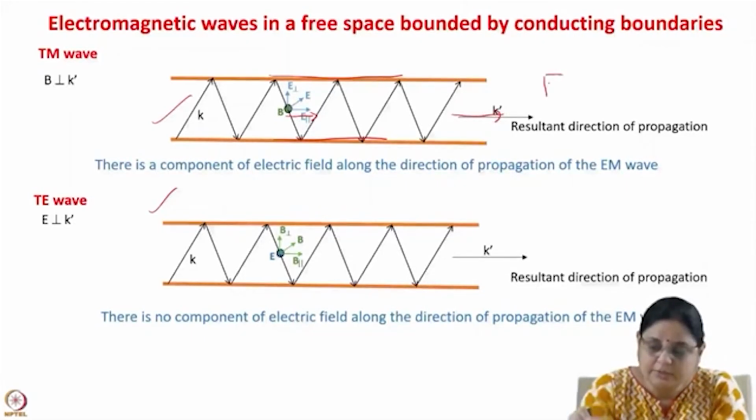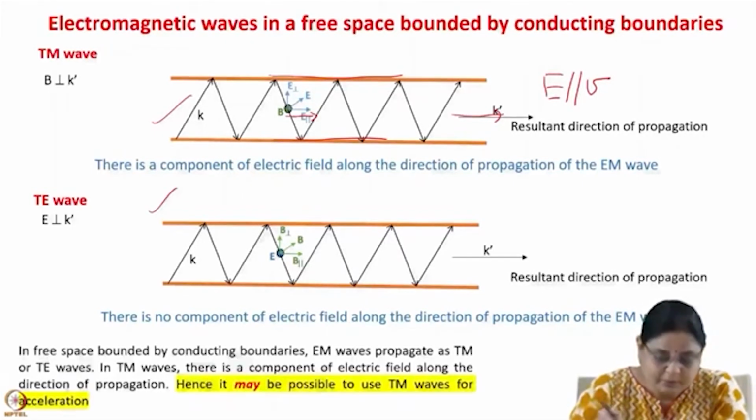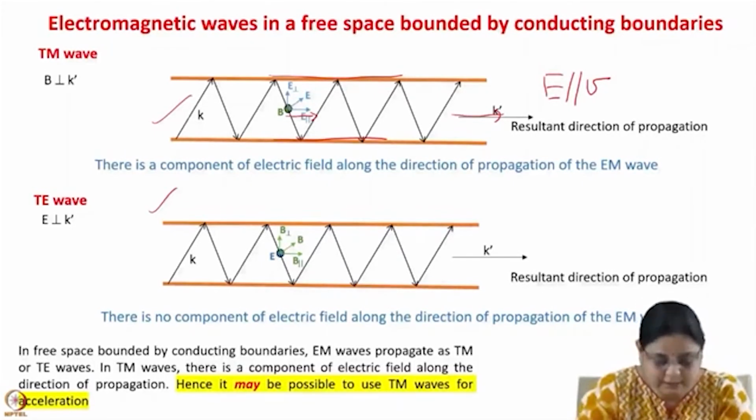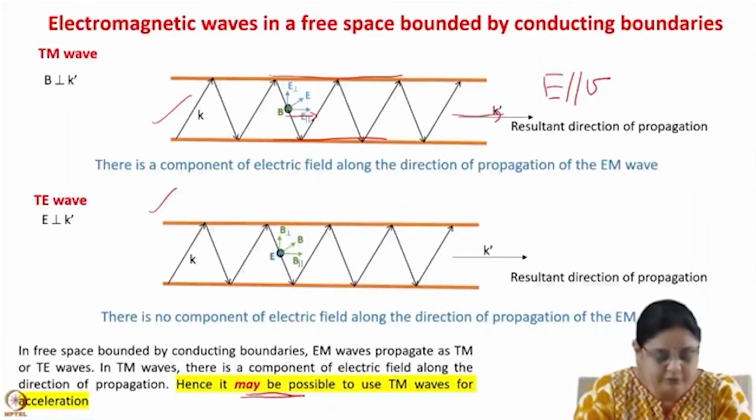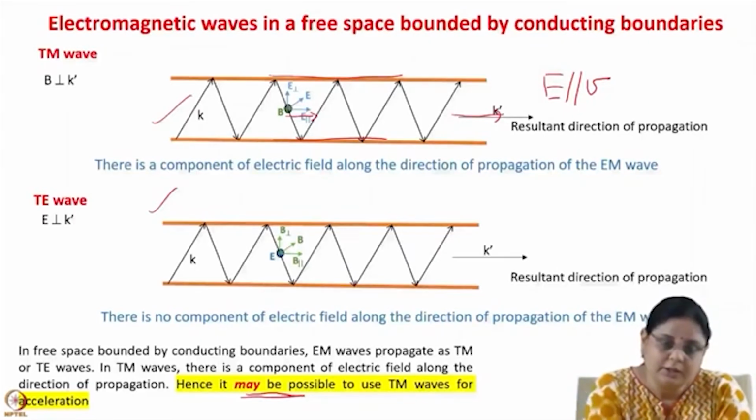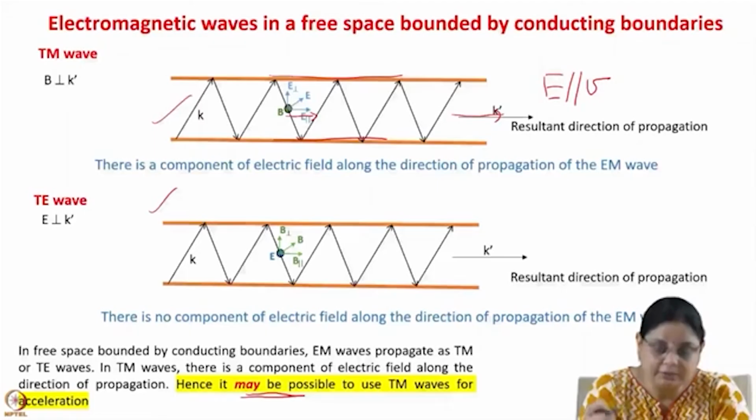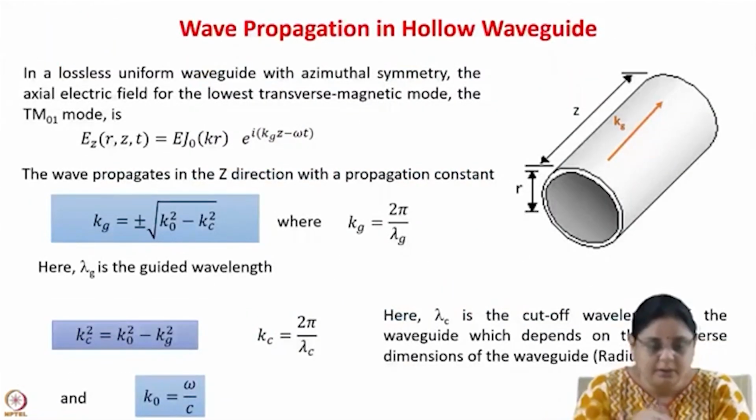So here we have E parallel to v. At that time we had discussed that it may be possible to use the TM waves inside the space bounded by conducting boundaries, for example in a waveguide, for acceleration. So let us see whether we can use this traveling wave for acceleration.